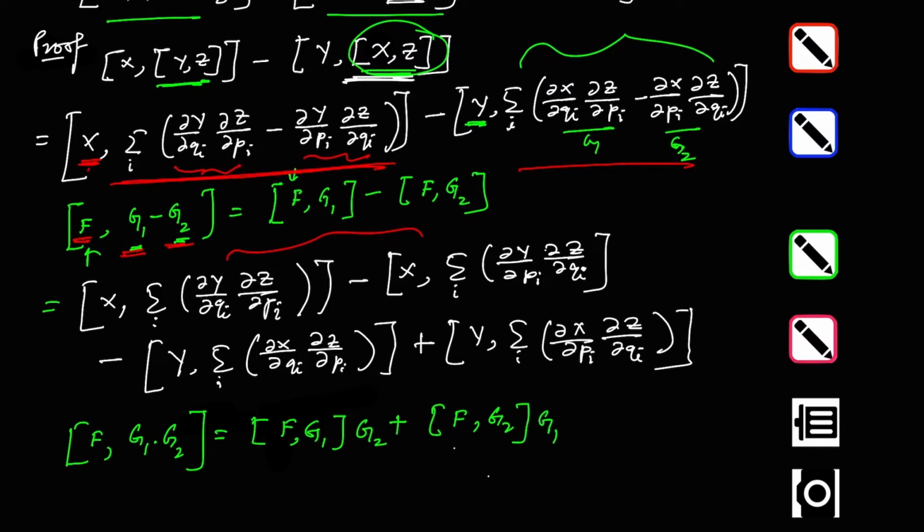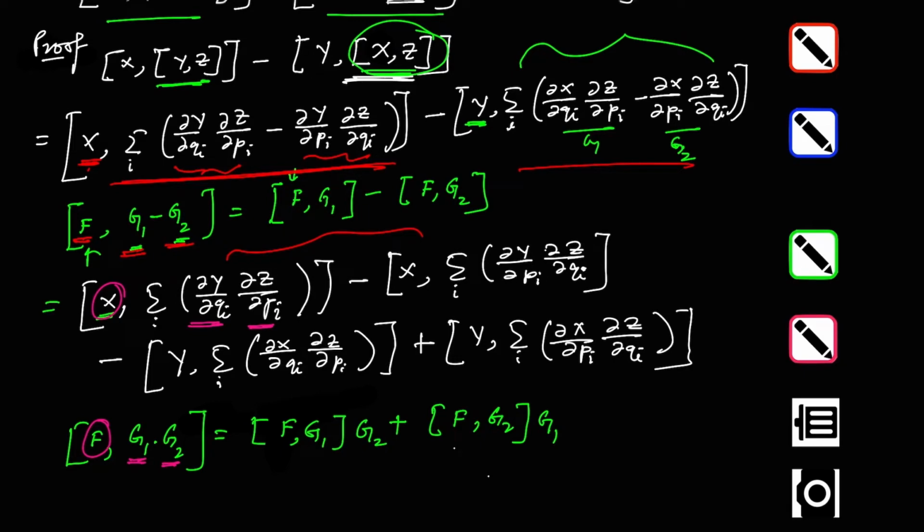So here this x should be considered as f, this as g1, and this part as g2.